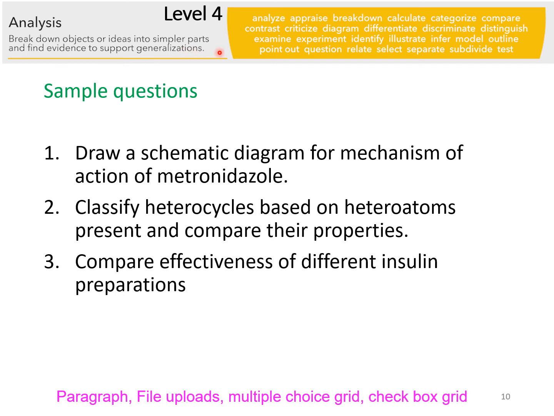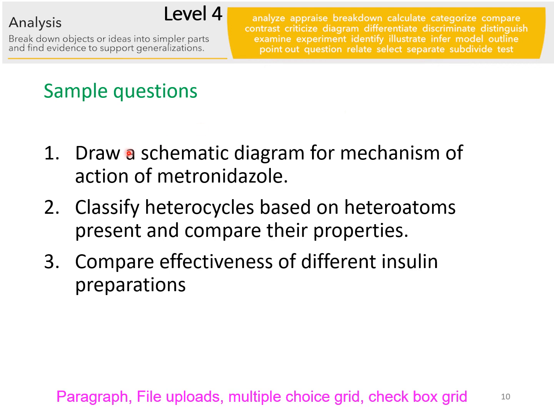So here we can ask the questions in the form of, say, analyze, appraise something, break down something, calculate something, compare, contrast, criticize, diagram, because in a diagram we are simplifying the complete action.